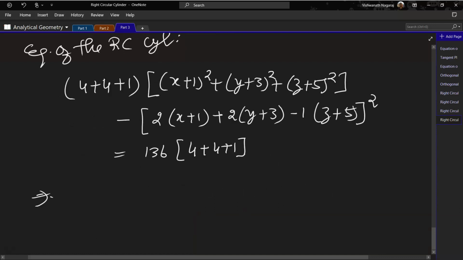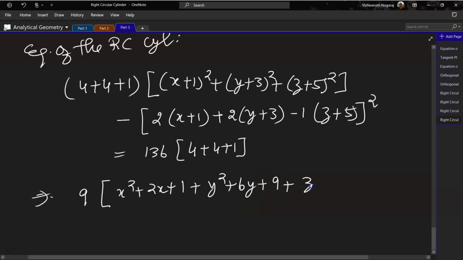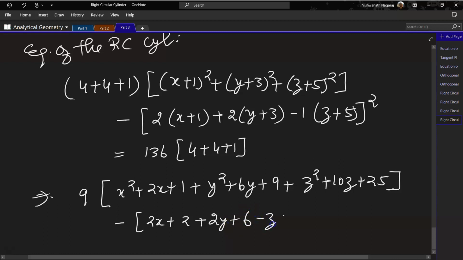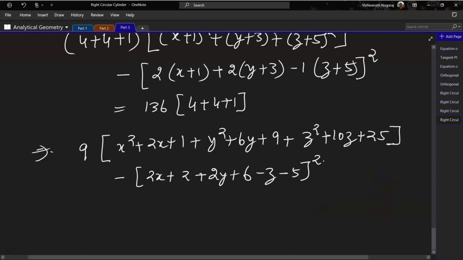This becomes 4 plus 4, 8 plus 1, 9 times (x square plus 2x plus 1 plus y square plus 6y plus 9 plus z square plus 10z plus 25) minus (2x plus 2 plus 2y plus 6 minus z minus 5) the whole square is equal to 136 times 9.